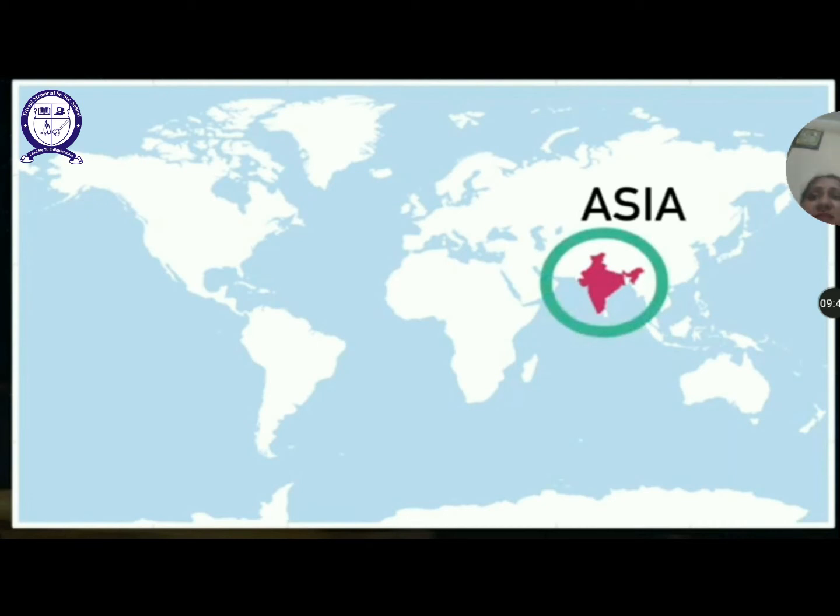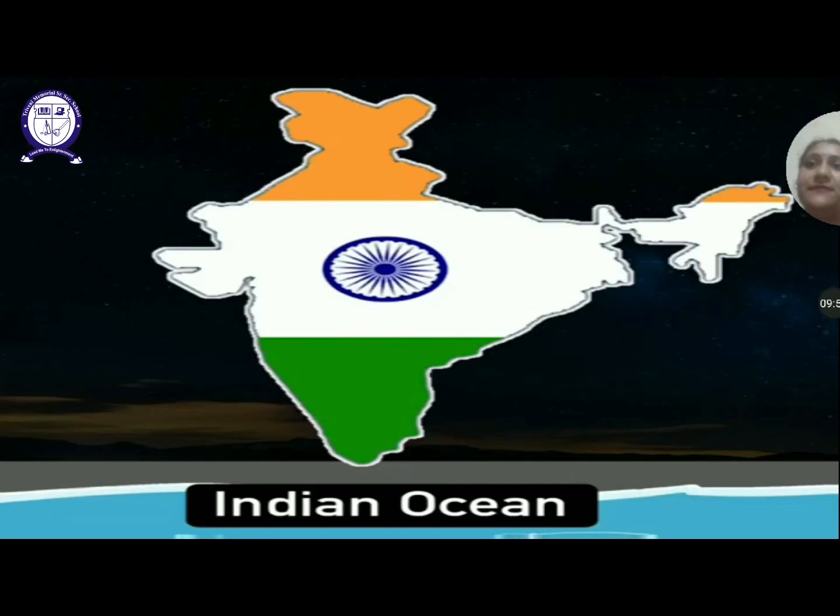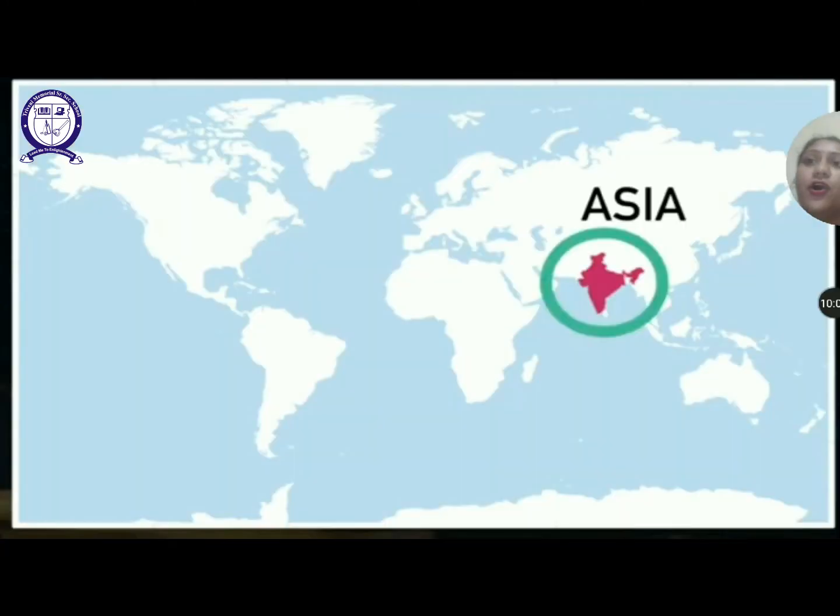It forms the south central peninsula of the world's largest continent, Asia. As a result of its central location at the head of the Indian Ocean, the Indian subcontinent lies at the crossroads of the eastern world. The trans-Indian Ocean routes, which connect the countries of Europe and Africa in the west and those of the east and Southeast Asia, pass through this region.